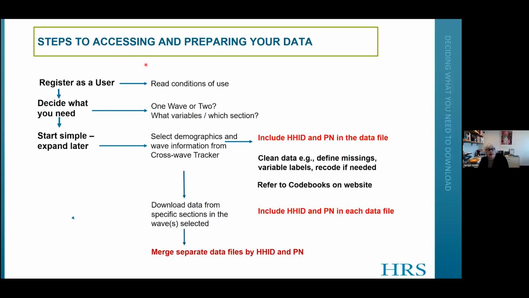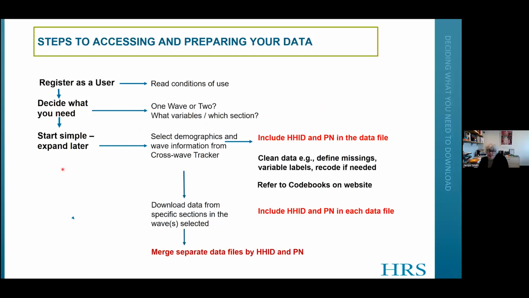And after you've registered, first of all, I'd say, of course, you could just go ahead and download as much data as you want, but I don't recommend that because it's a lot of different files. So decide what you need. Do you only need one wave or two? Maybe start simple. What variables do you need? Which section are they in, right? And then download those.